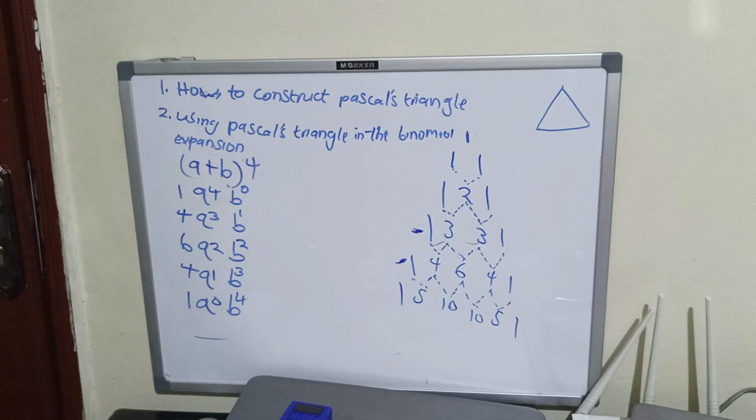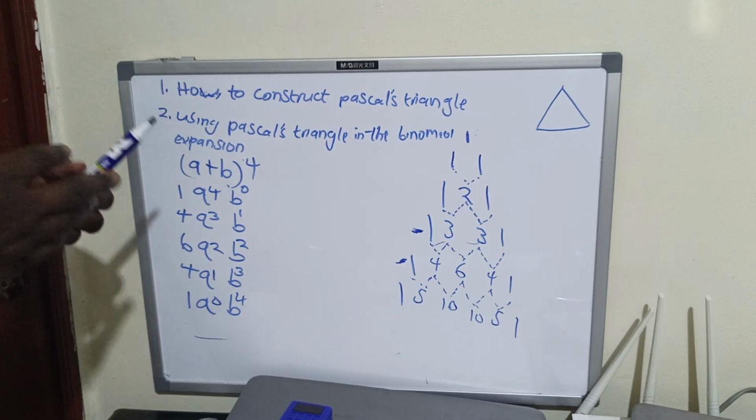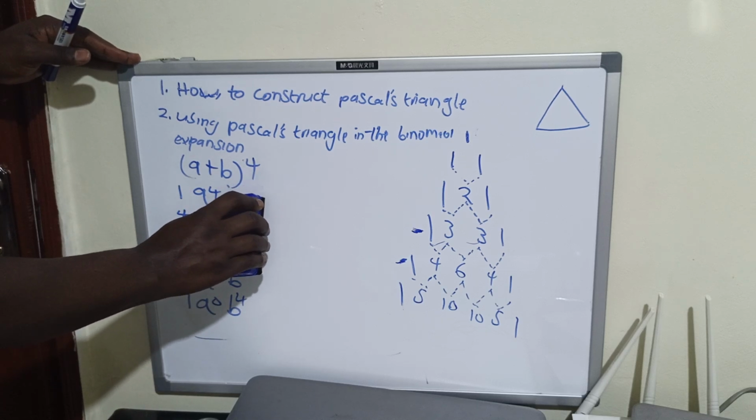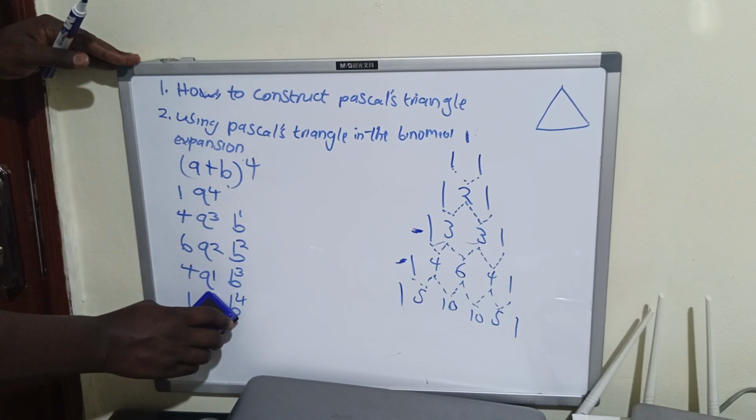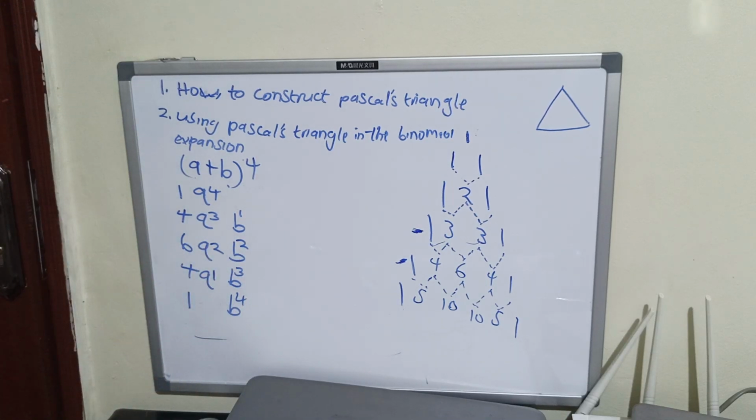Then, don't forget, anything raised to power 0 is 1. 1 times anything is that thing. So we can assume it. We remove raised to power 0, we remove raised to power 0. So we remain like that.